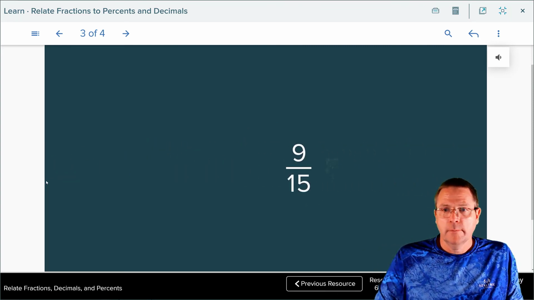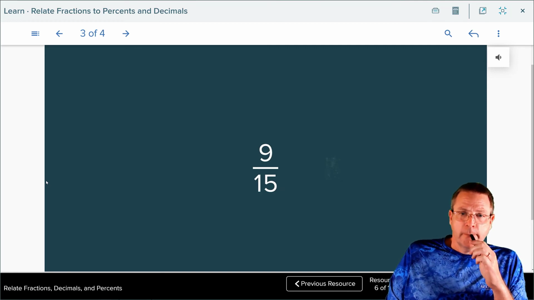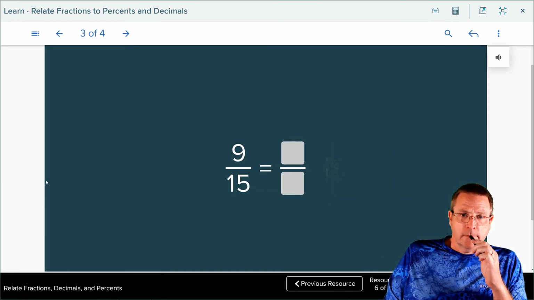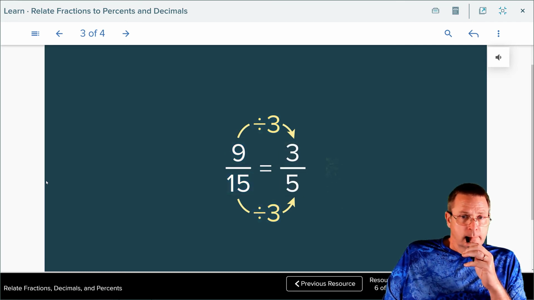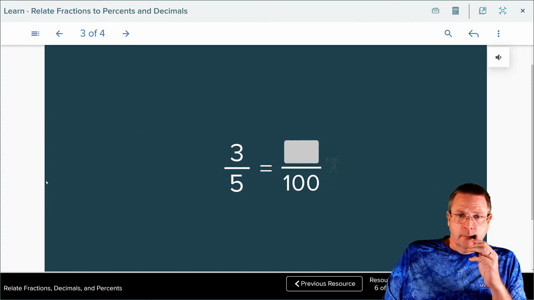To write 9/15 as a percent, first simplify the fraction by dividing the numerator and denominator by their greatest common factor, 3. 9 divided by 3 is 3. 15 divided by 3 is 5. 9/15 equals 3/5. Then write an equivalent ratio with 100 as the denominator.